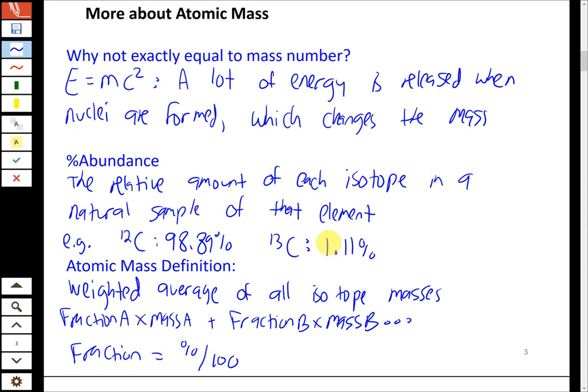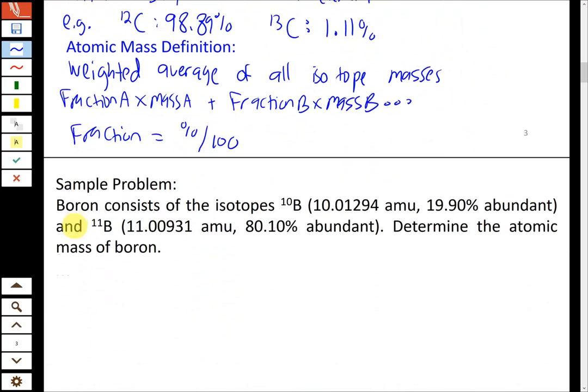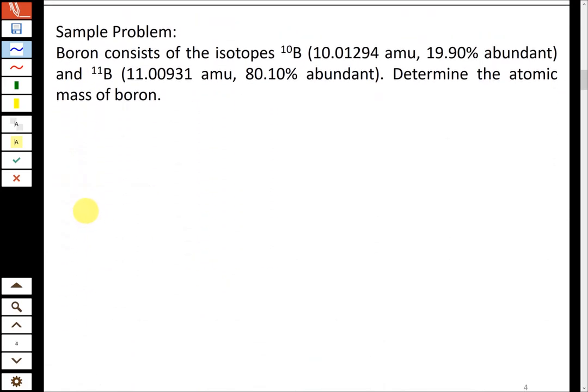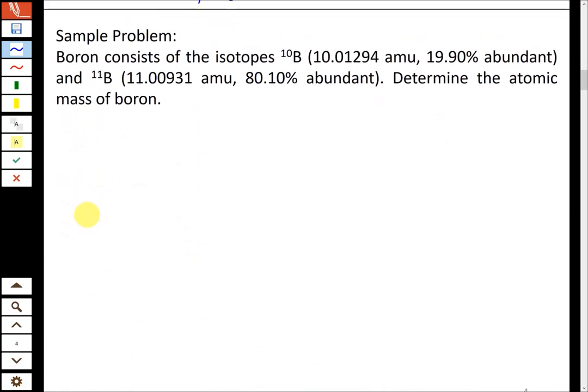And so what that leads to is there are going to be homework and test questions that just deal with the definition of atomic mass, not actually using it for anything, but just how that definition works. So here's a pretty typical sample problem where we're going to use that relationship directly. We have boron, atomic symbol B, and it has 2 isotopes that make up close to 100% of it.